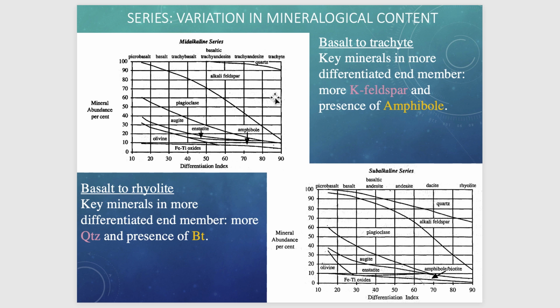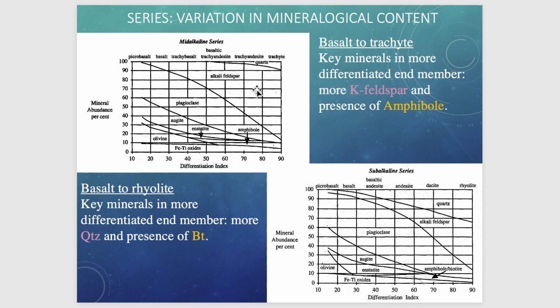the fractionation, so the differentiation, we go towards rocks that have more free quartz. So these rocks don't have any quartz, these are free quartz, which is an indication of the amount of silica. So if a rock is saturated in silica, it will produce free quartz.